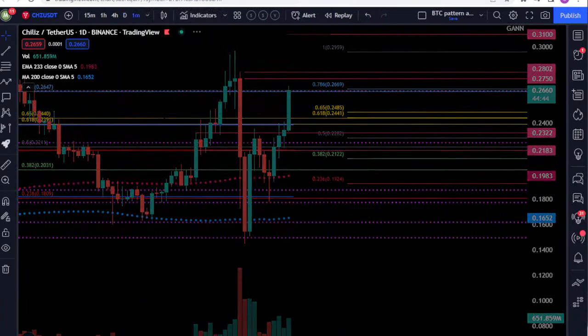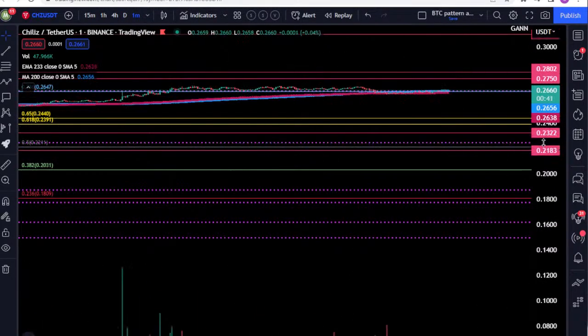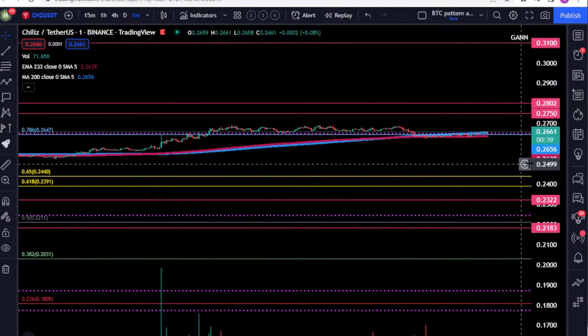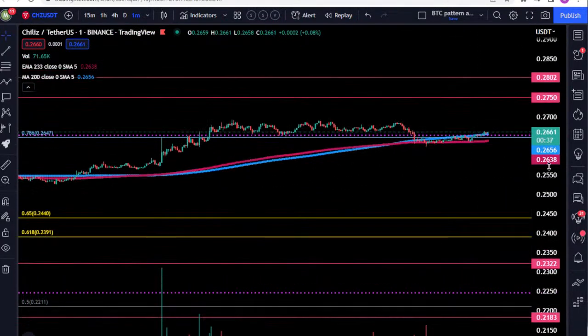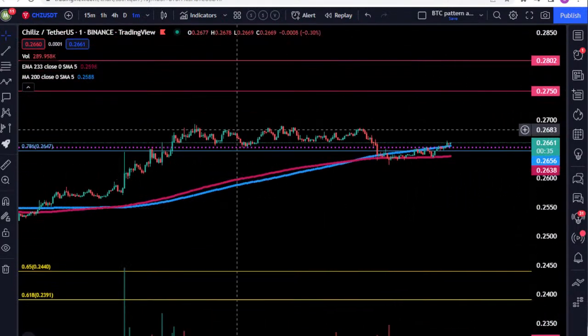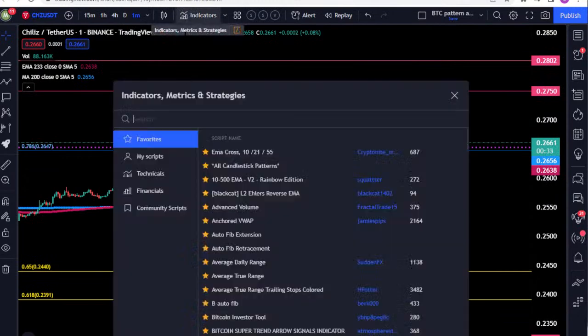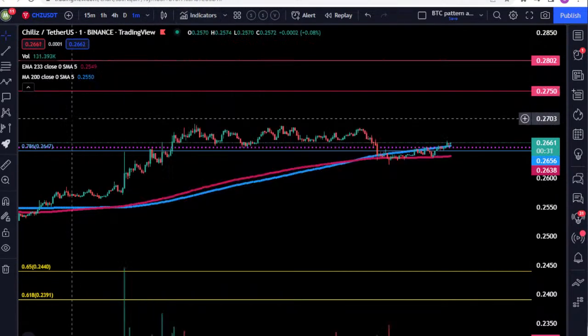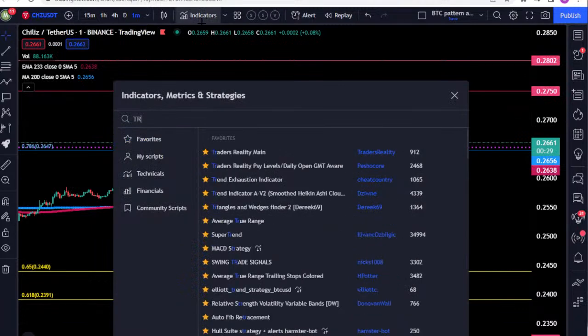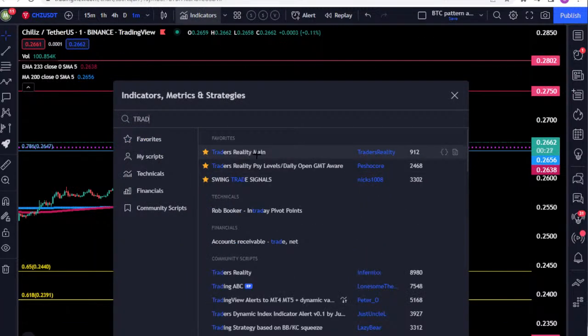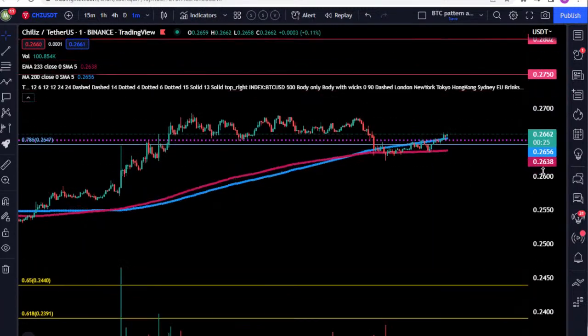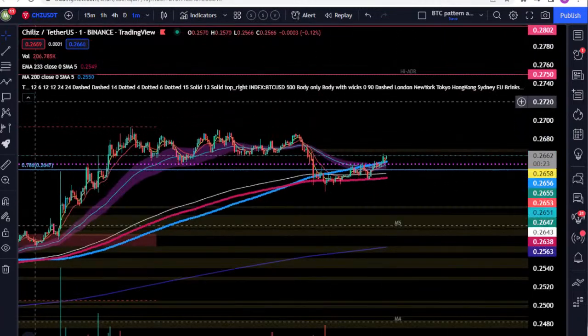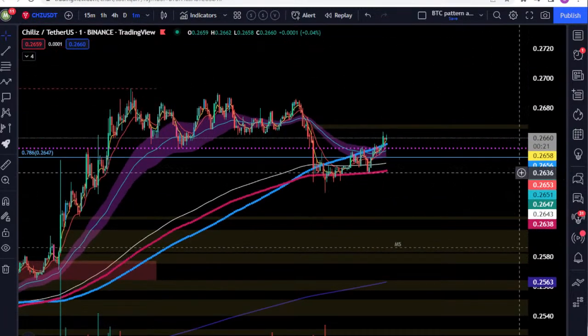Let's look at the 1 minute. What are we doing? We are clinging to the 50 EMA possibly. I think we broke down the 50 and maybe we're bearishly retesting it. Let's look at where the 50 is. We are above the 50.